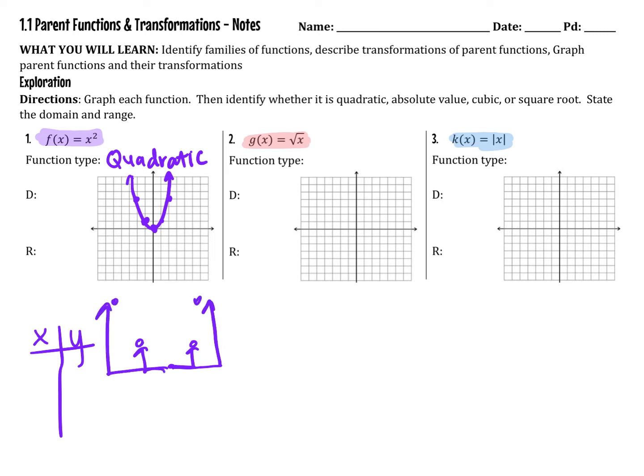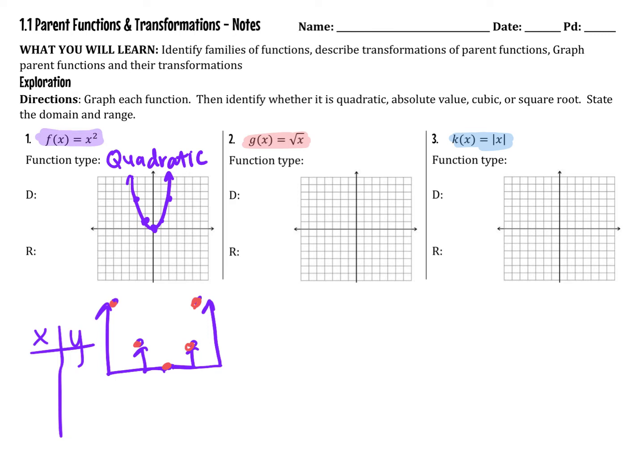And the reason I want you to be thinking about that idea is because if all I'm doing is moving that function down 1 or right 1 or left 1, I can use those same basic 5 points and how I'm shifting it in order to graph it without having to plug a bunch of numbers into the table. That's what we're trying to avoid here. We don't want to have to plug numbers into the table.